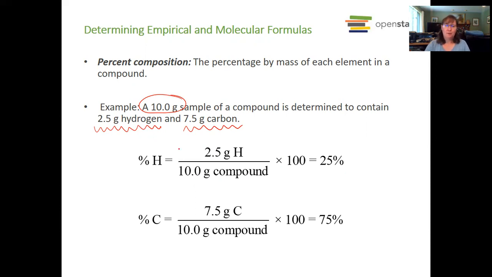So 2.5 grams of hydrogen, 7.5 grams of carbon becomes 25% hydrogen and 75% carbon. So this is how you would find the percent composition for elements within a sample.